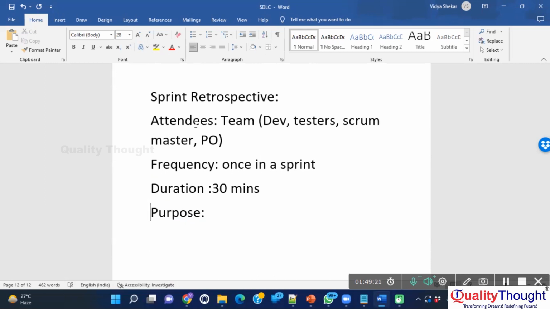Suppose we didn't reach the target in this sprint, they will give some improvements for the next sprint.